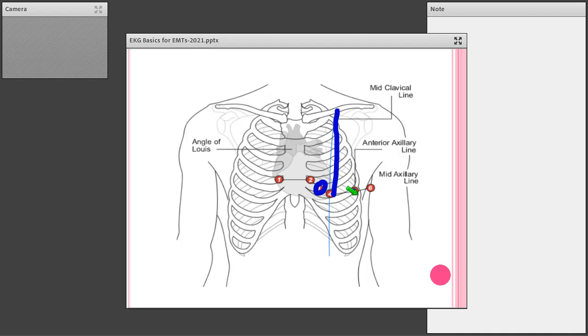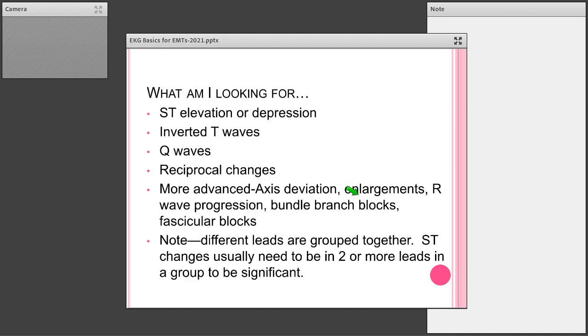So chest needs to be prepped just like you did for your 4 leads, right? They need to be clean and dry and free of hair to get the best possible tracing that you can get. And so things that you're going to look for with the 12 lead. There are 10 electrodes on the patient, but it's giving you 12 different pictures of the heart.